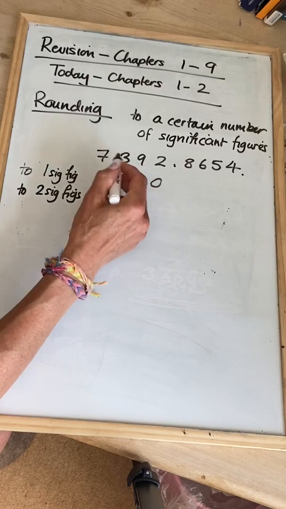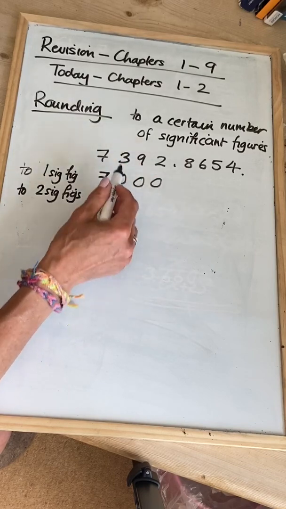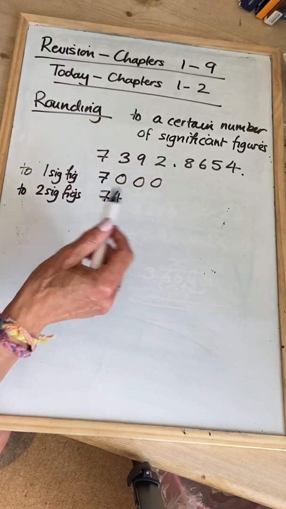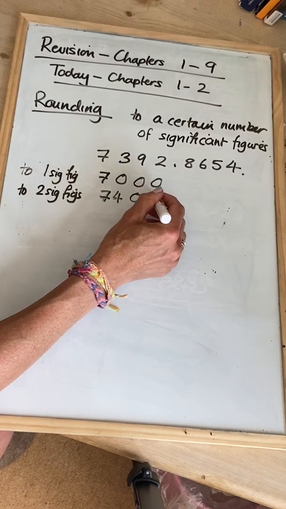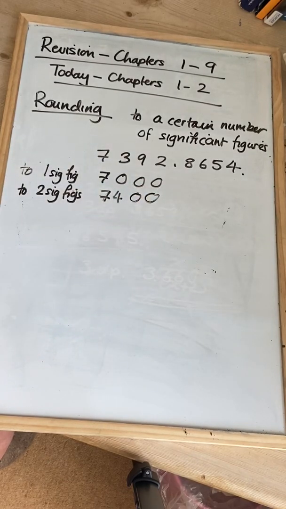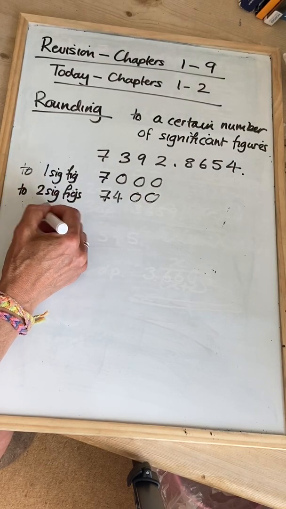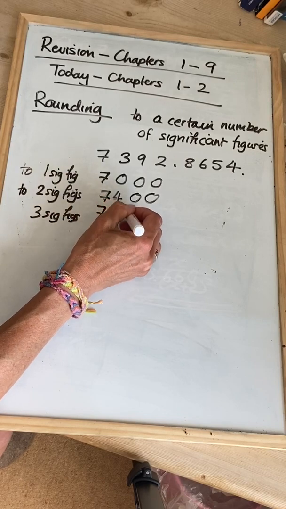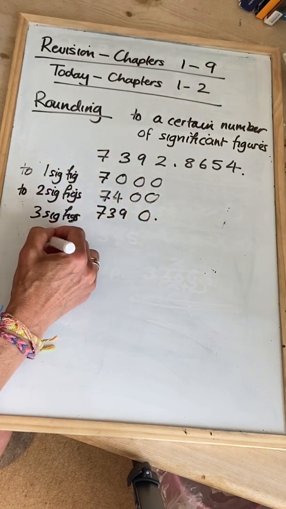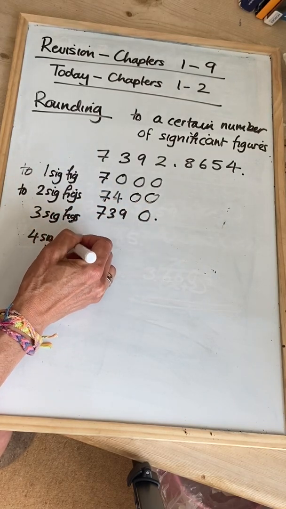However, it makes no sense for 74 to be 7,392 point something to two significant figures. You must fill the gaps with zeros. See where I'm going with this? So 3 sig figs would be 7390.